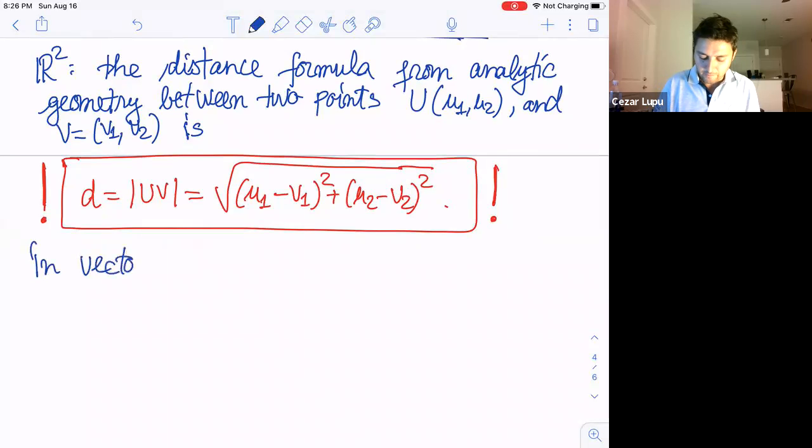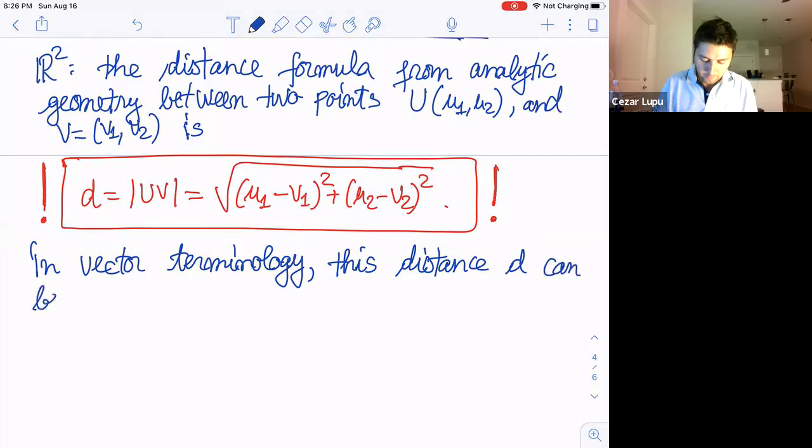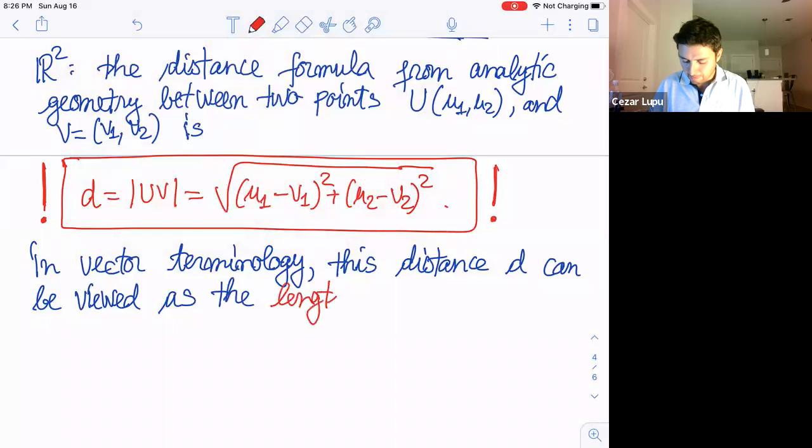In vector terminology, this distance can be viewed as the length of the difference of the two vectors, u minus v, right?